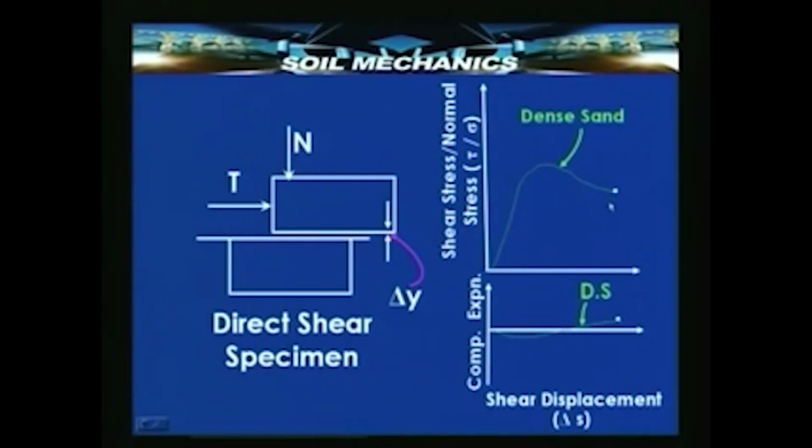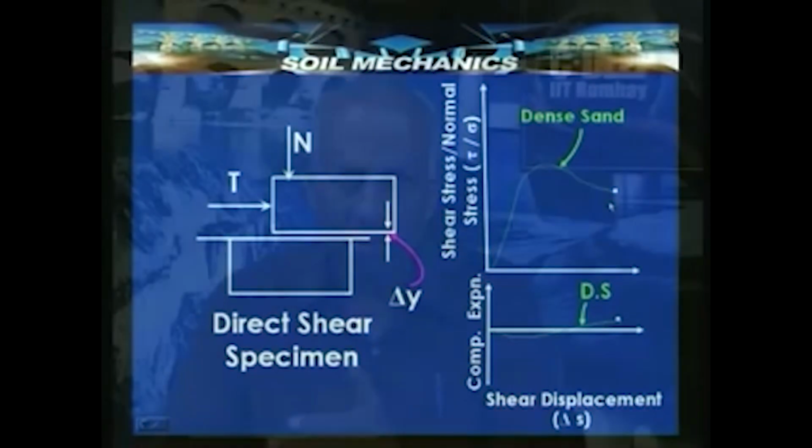Any design that is based on this test should make note of this, and if it is a problem in which there is going to be a long duration and a large shear displacement taking place, then we should be careful enough to consider the ultimate strength rather than the peak strength.